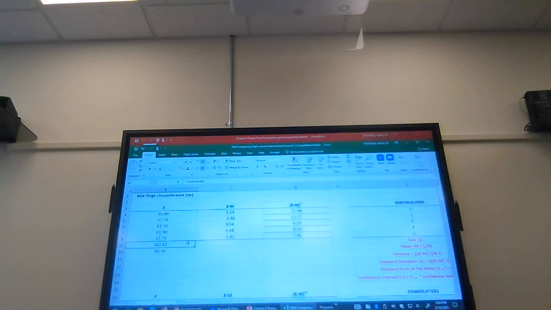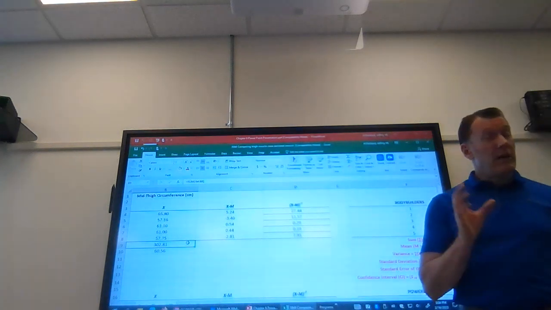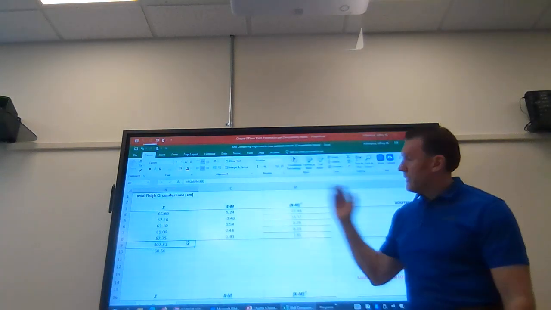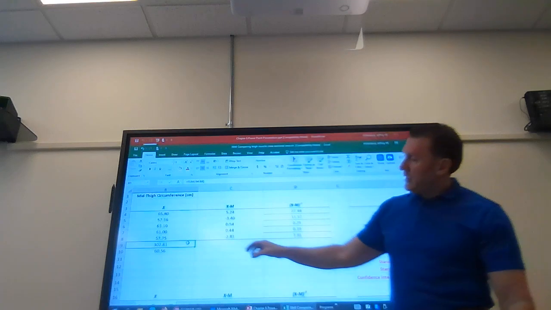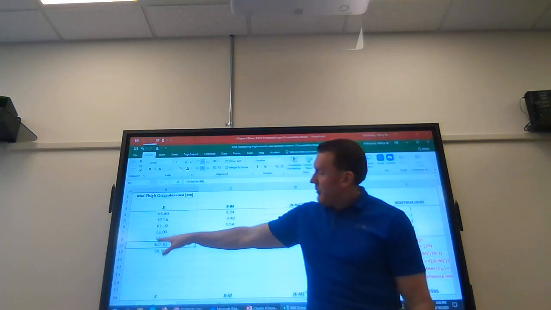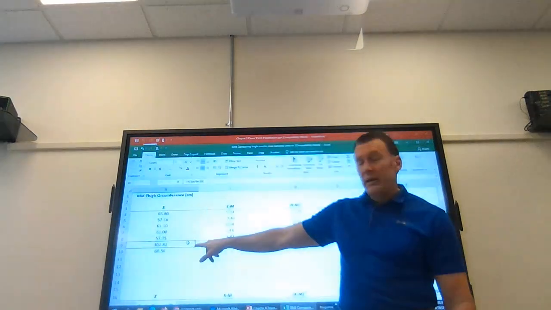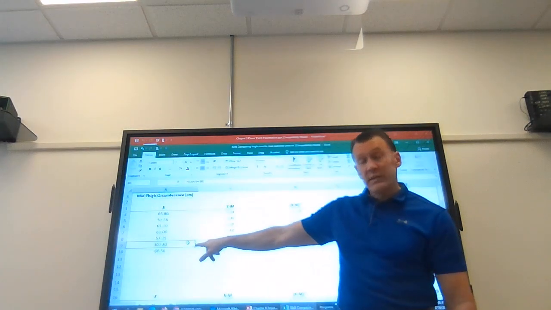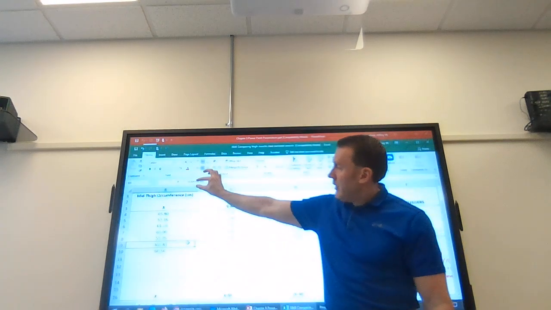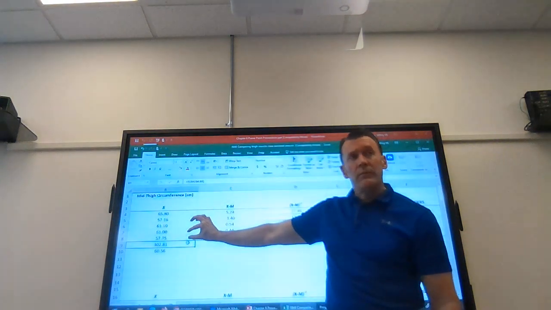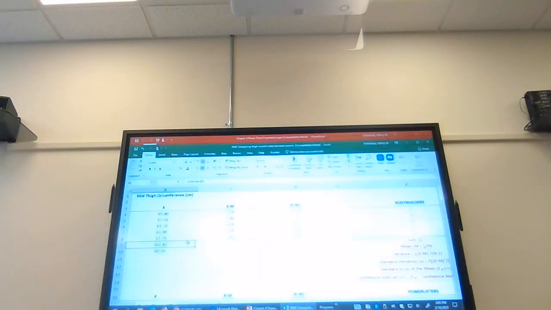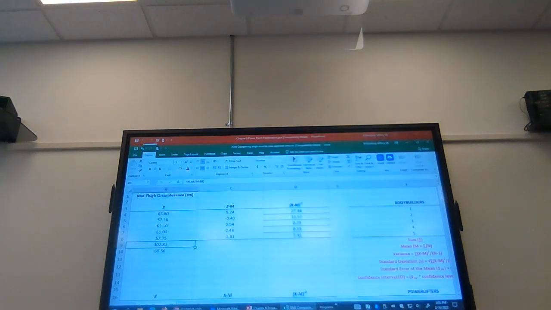Okay, now we need to take the sum of the deviations and the sum of the squared deviations. Because we already summed the raw scores, we can just put our cursor in the bottom right of this box. If you put your cursor in B9 and just drag across, you can see we were right.